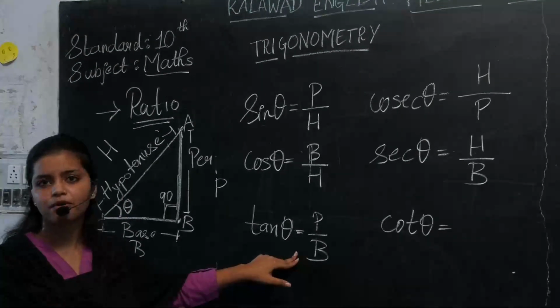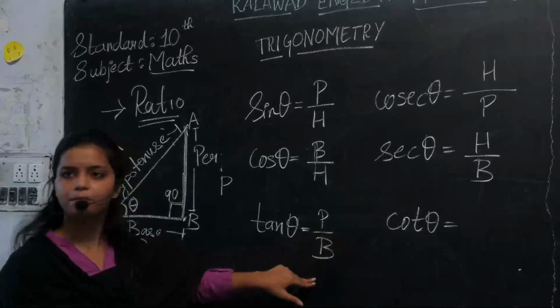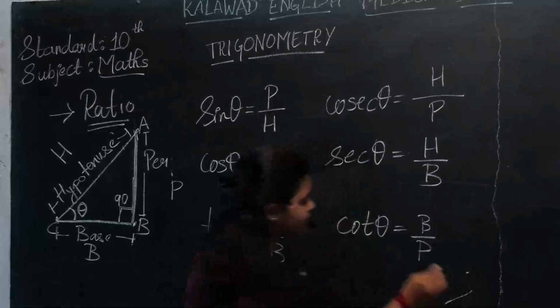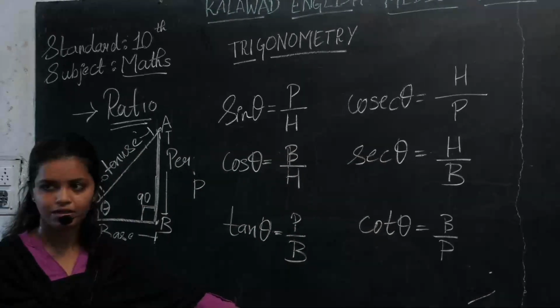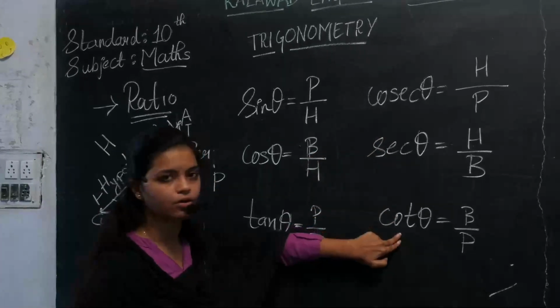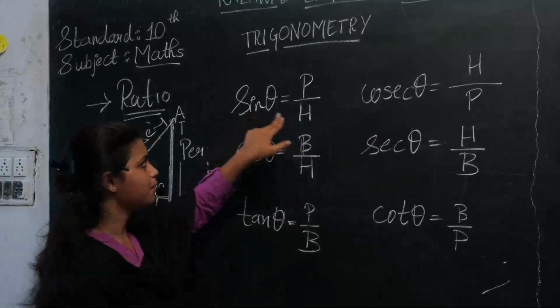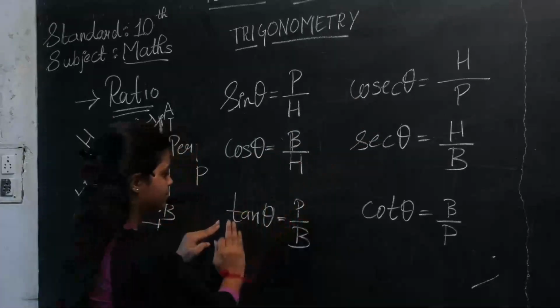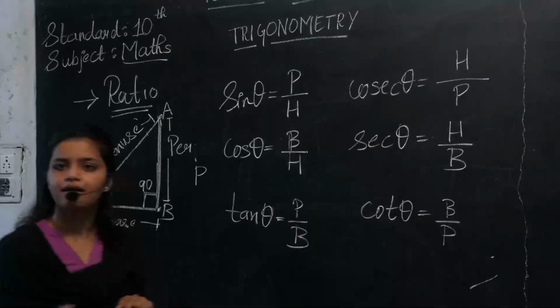Then cot will be the reciprocal of that, that will be base upon perpendicular. These all are ratios, okay? Sine, cos, tan, cosec, sec, cot. Again I am repeating, the reciprocal of sine is cosec, the reciprocal of cos is sec, and the reciprocal of tan is cot. Clear?